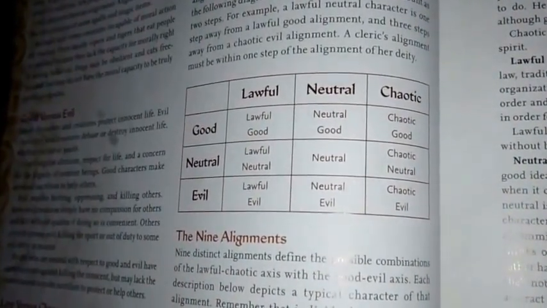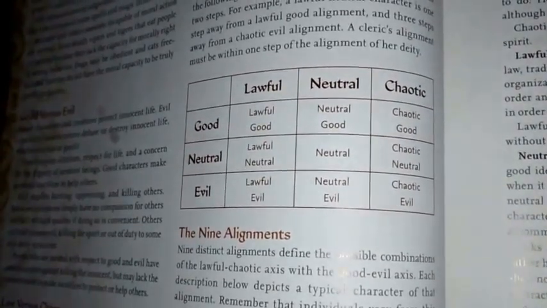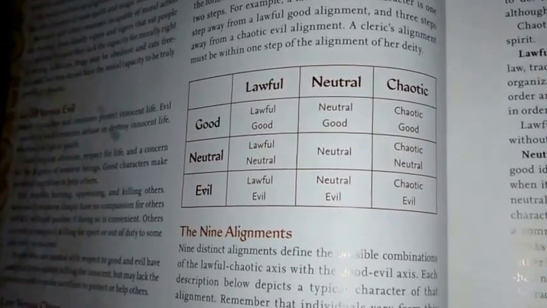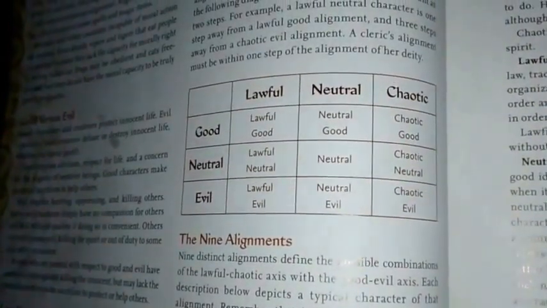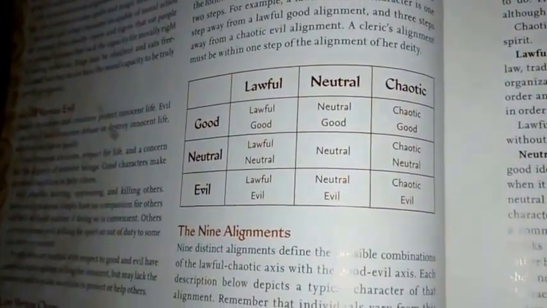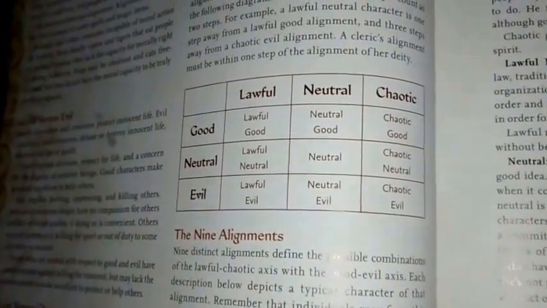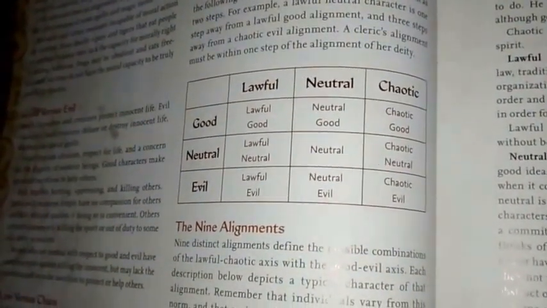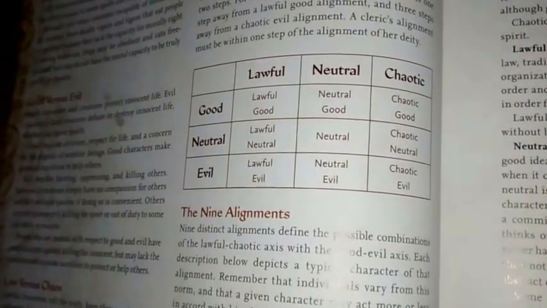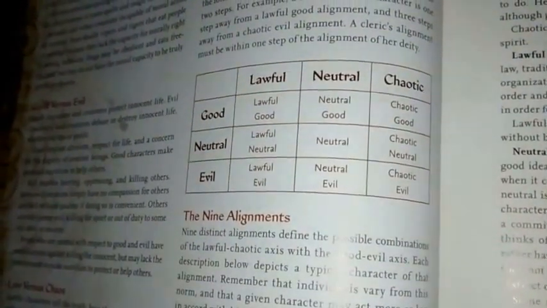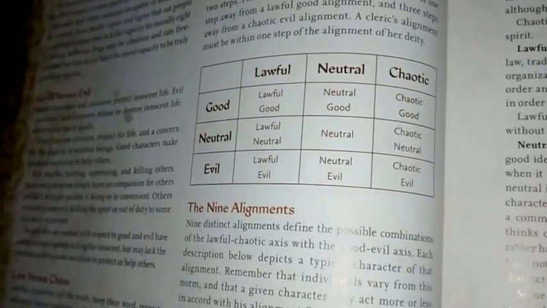Now, you can be a chaotic good character, and a chaotic good character would be like a well-meaning character who's just a little bit crazy. Or, and controversially, you can also be a lawful evil character. A lawful evil character would be somebody who follows the law to the letter, but then does everything in his power to do bad, to make sure that he comes out on top, and that, if possible, he's stepping on other people along the way.